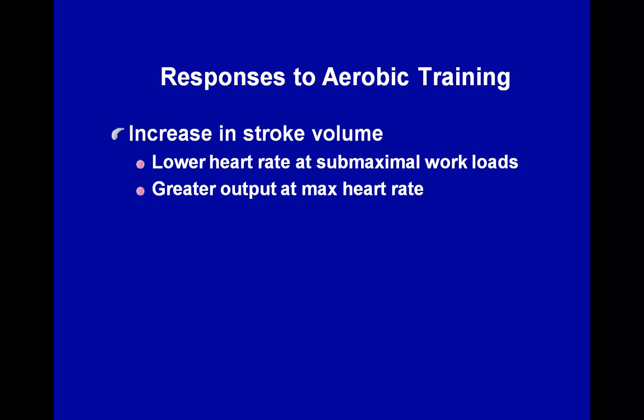And I can exercise more easily with a lower heart rate at a submaximal workload. But if I'm doing a VO2 max test and you push me to my maximum heart rate of 220 minus my age, if I'm doing that maximum heart rate with a greater stroke volume, I'm going to generate a greater cardiac output. And if that greater cardiac output is delivered to my exercising muscle, I'll do more of that exercise aerobically instead of anaerobically.